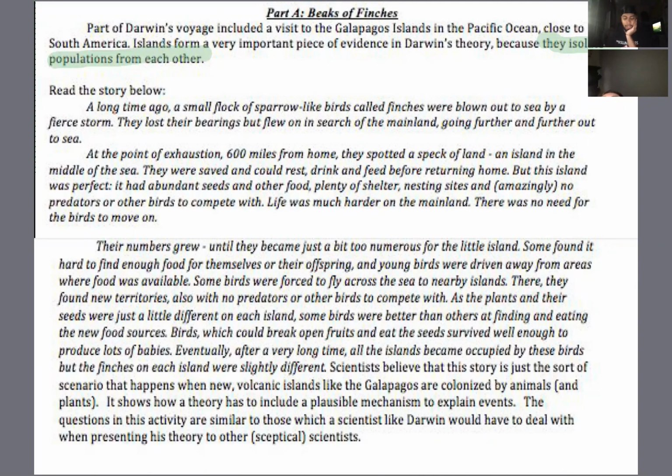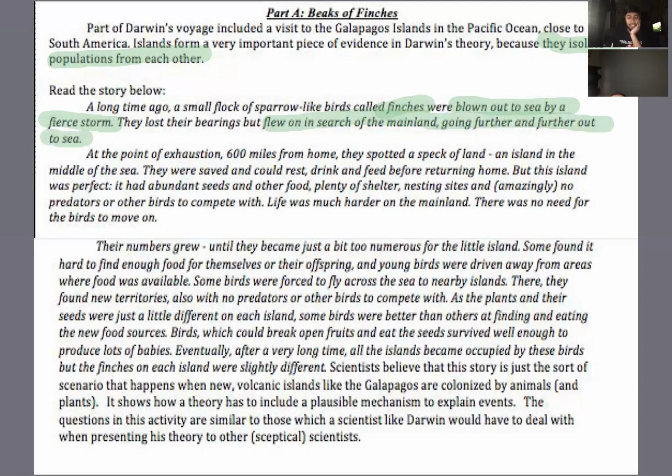Read the story below. A long time ago, a small flock of sparrow-like birds called finches were blown out to sea by a fierce storm. They lost their bearings, but flew on in search of the mainland, going further and further out to sea.